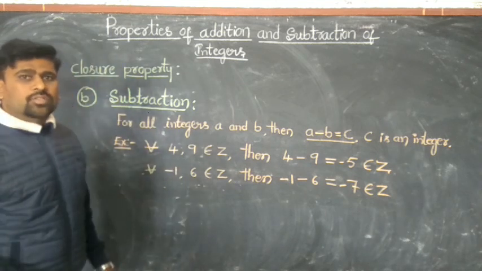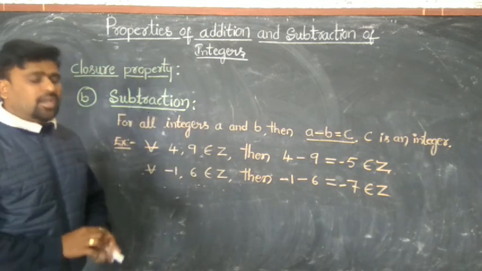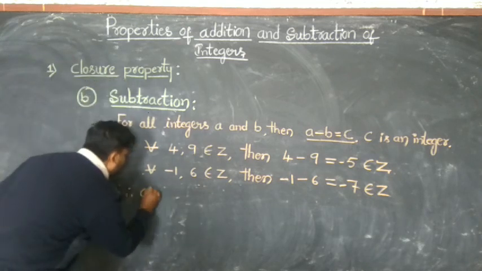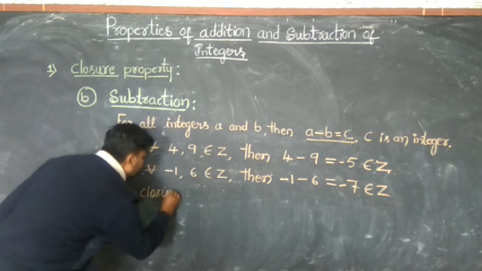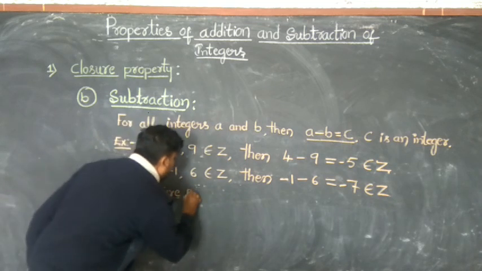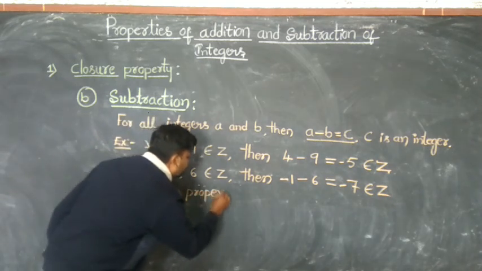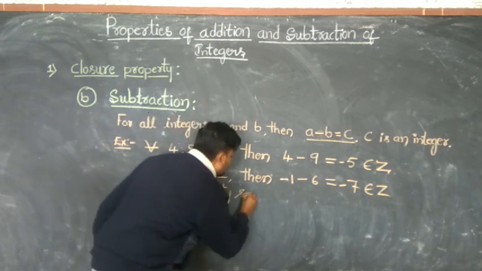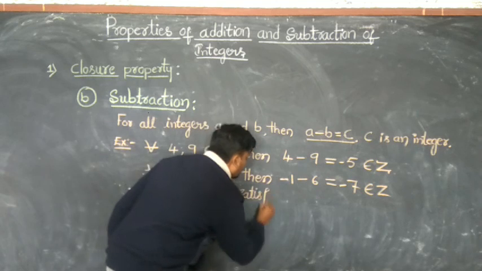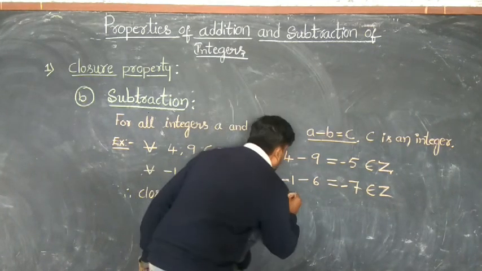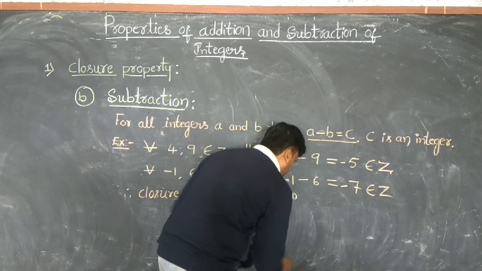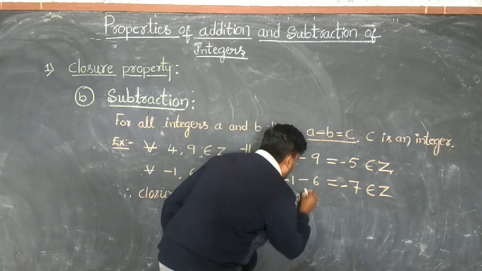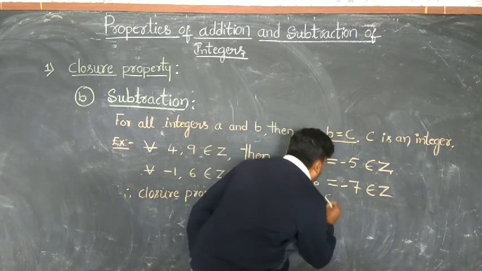It also belongs to Z. That indicates that therefore the closure property satisfies under subtraction.